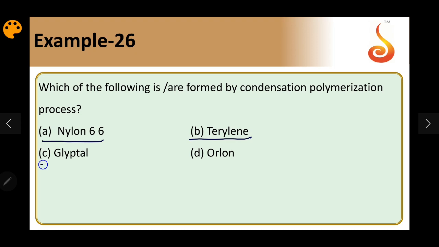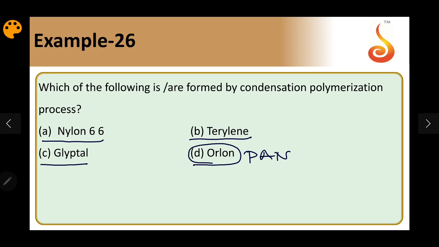Glyptol is also a condensation polymer formed by phthalic acid and ethylene glycol. Orlon is also known as PAN, which is an addition polymer formed by acrylonitrile, CH2=CH-CN. Acrylonitrile is the monomer which gives polyacrylonitrile. It is also called Orlon.